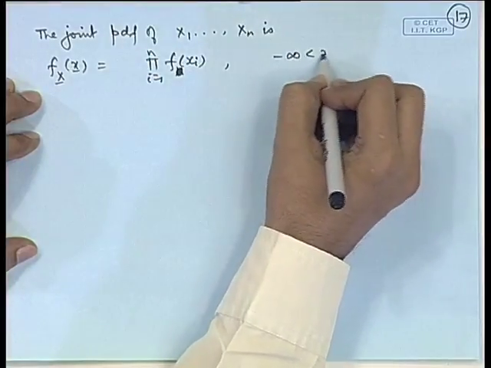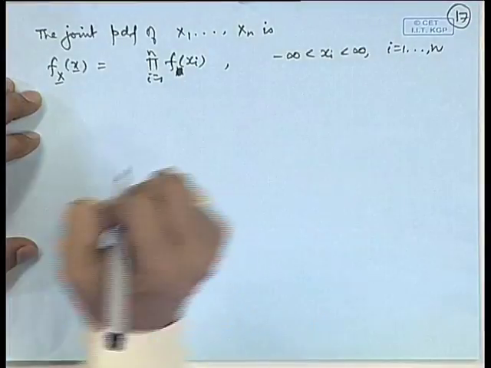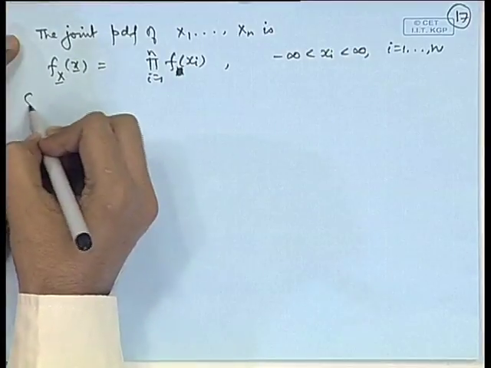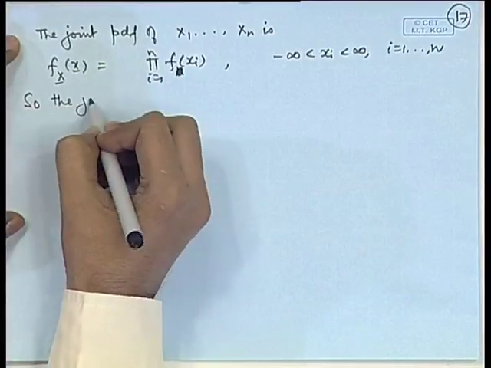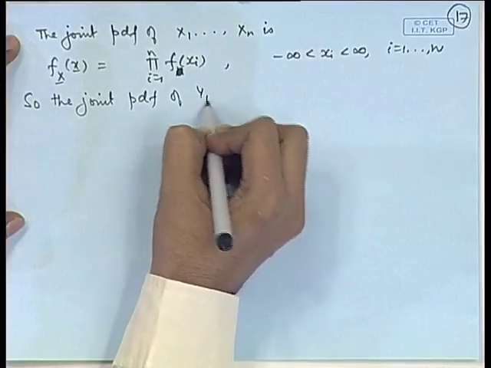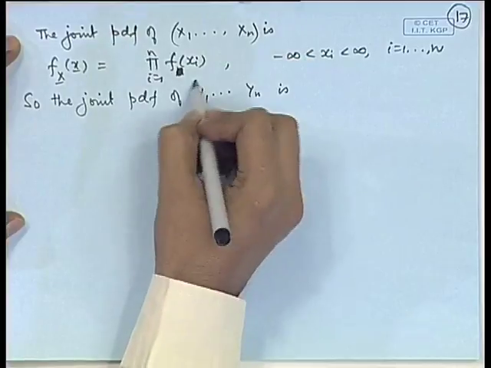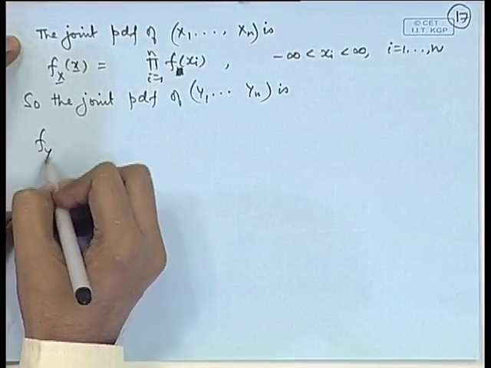So, in general the regions are, so the joint PDF of y 1, y 2, y n, that is the order statistics, f y.